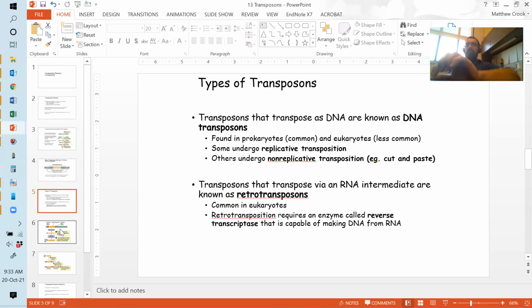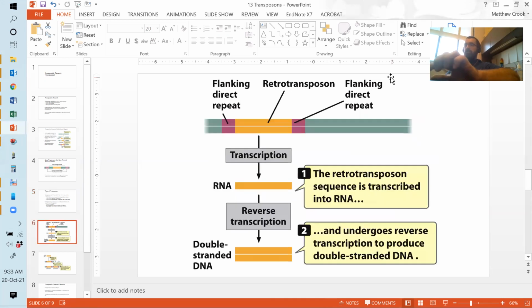And these are pretty funky, to be truthful. And also you can see why we have such a huge amount of DNA encoding transposons in our genome, because these copy themselves. So it's not a transposon jumping around, it's a transposon staying still, making another copy of itself that then goes and inserts somewhere else.